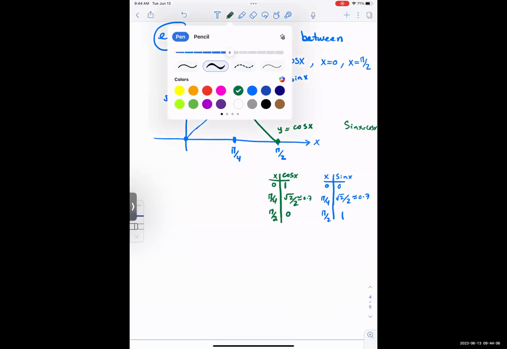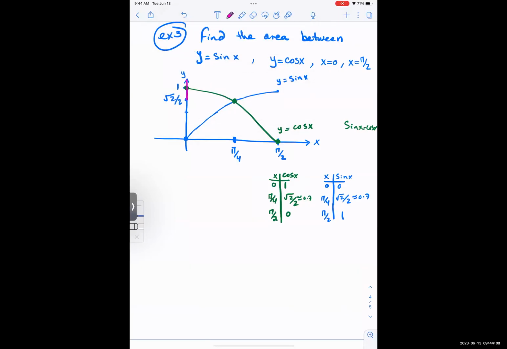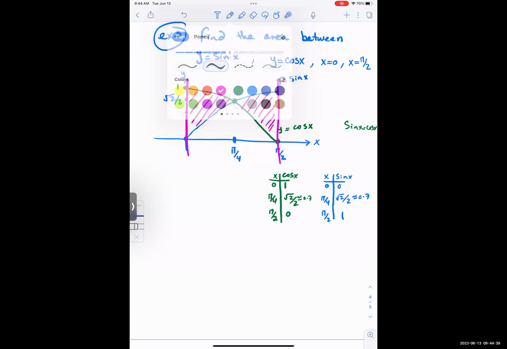Now you need to decide where the shaded area is. It says bounded between 0 to pi over 2 and between the two functions. So you're looking for this area. Why didn't I shade this area?